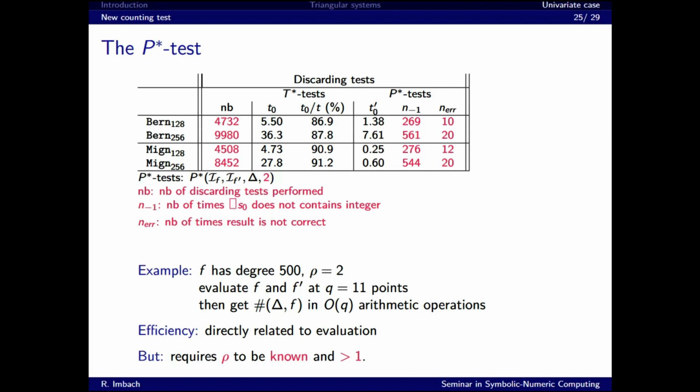So in this case, if 2 is not the actual isolation ratio, S0 can either contain no integer or contain an integer that is wrong and that is not the correct number. So here I report the number of times S0 was not containing any integer, and here the number of times this integer was not the number of solutions. So actually, even if we don't know the isolation ratio and we choose a number arbitrarily, it is very likely that it returns the appropriate number of solutions.